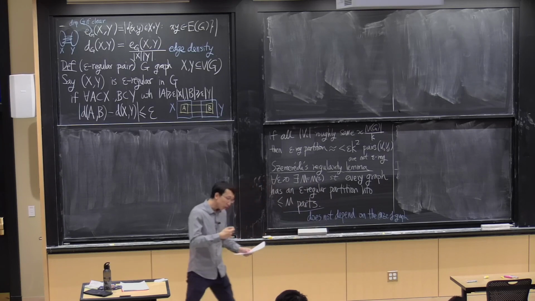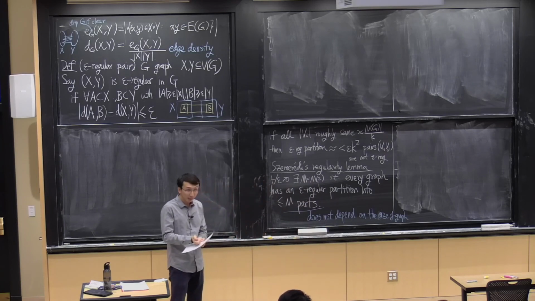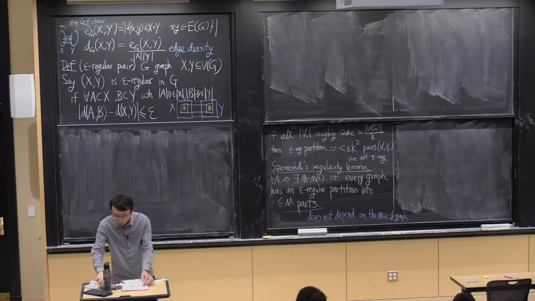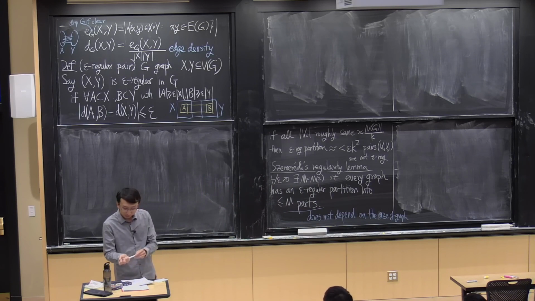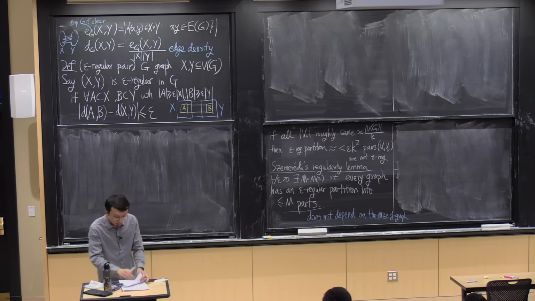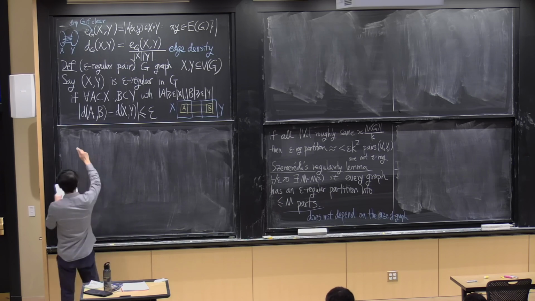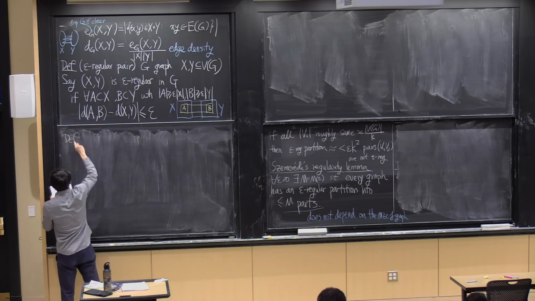Let's get started with the proof of Szemerédi's regularity lemma. To do the proof, I want to develop this notion of energy, which you saw in the proof sketch. So what do I mean by energy? First, let me define some quantities.